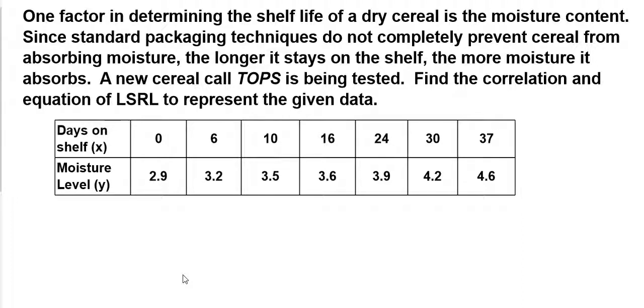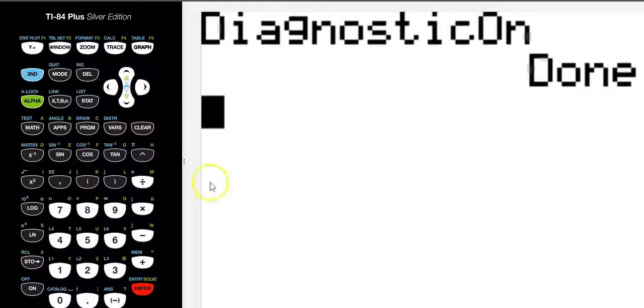So as you can see, I have an X variable, which we'll call our explanatory variable, and our response variable, the Y, will be our moisture level. So the first thing we're going to do is take this data and enter it in the calculator. Okay, so now we're going to pull our calculator back out, and we're going to enter the data that was given there.